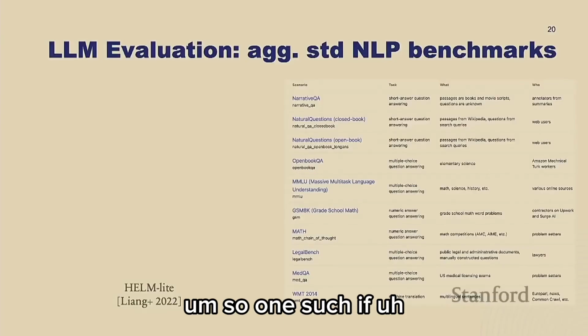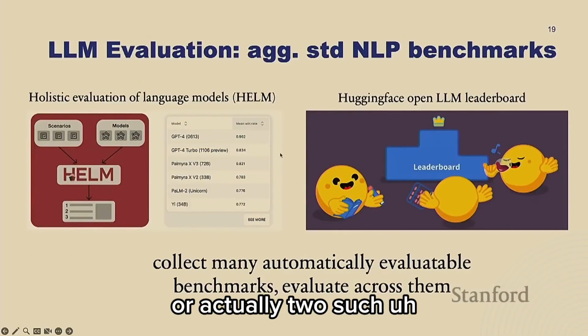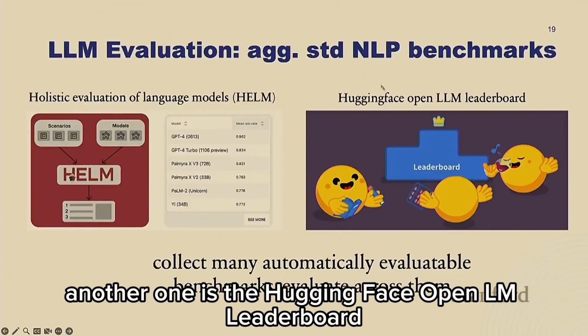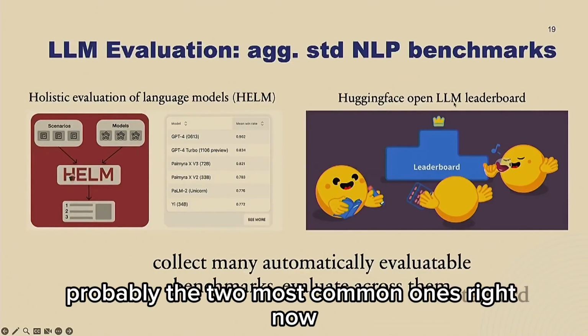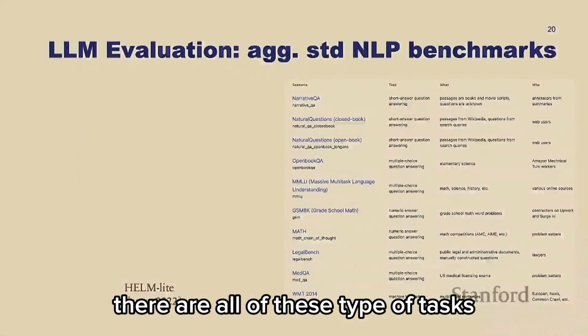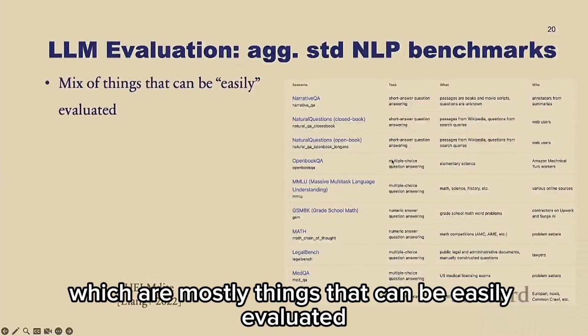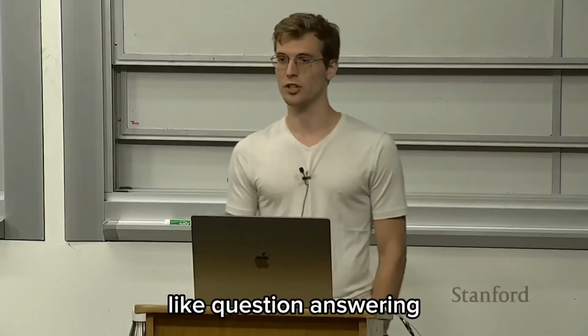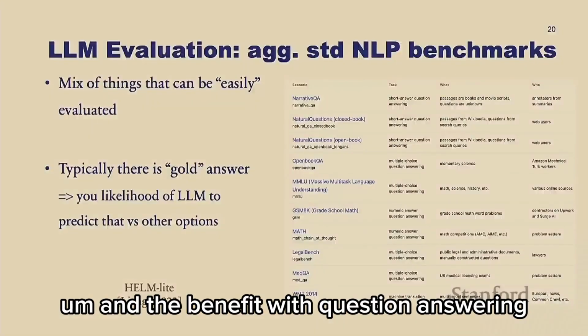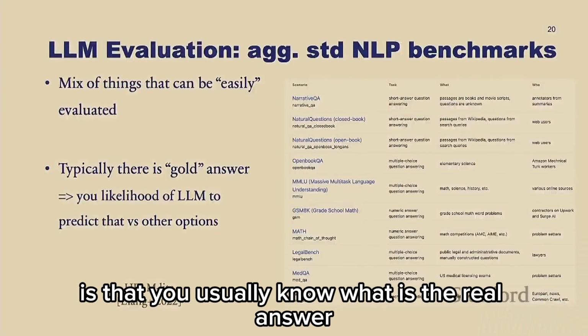Two such benchmarks are HELM, which is from Stanford, and the Hugging Face Open LLM Leaderboard, which are probably the two most common ones right now. Just to give you an idea, in HELM there are all of these types of tasks, which are mostly things that can be easily evaluated, like question answering. Think about many different question answering tasks. The benefit with question answering is that you usually know what the real answer is.